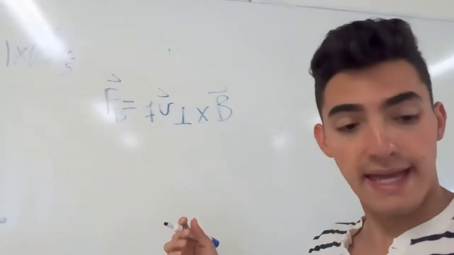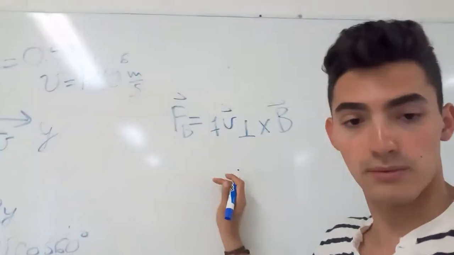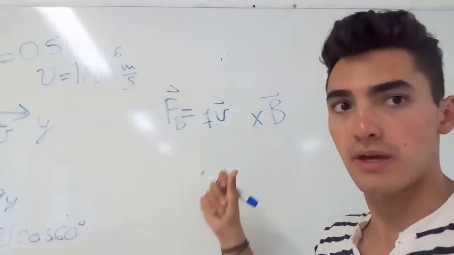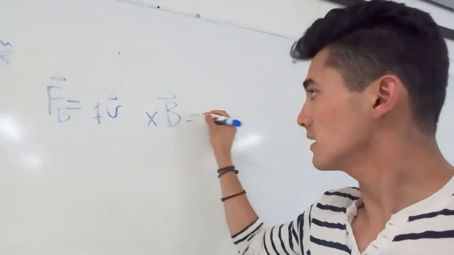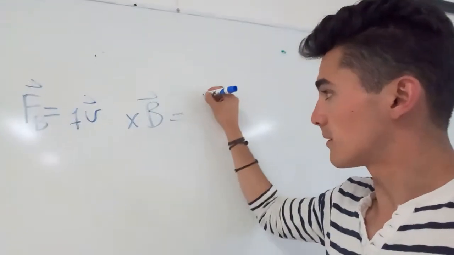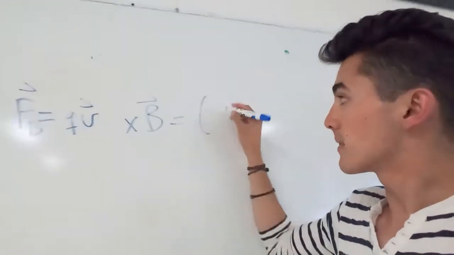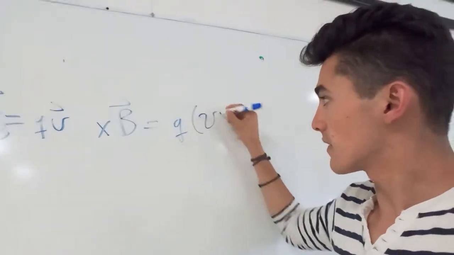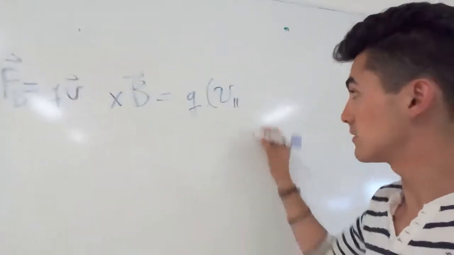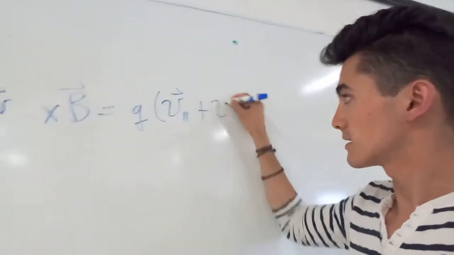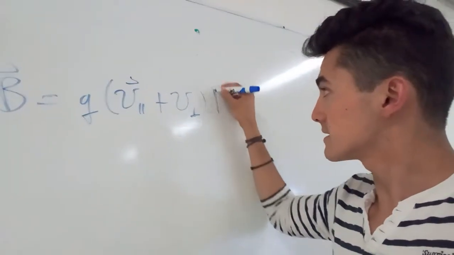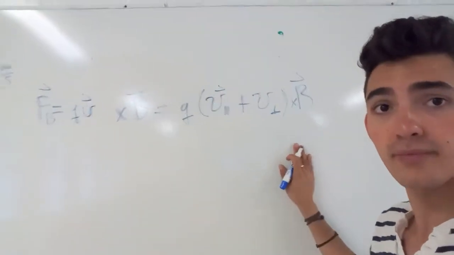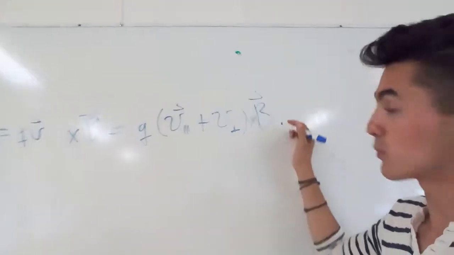This is not only the perpendicular, it is for both. So here we have the charge times the parallel velocity plus the perpendicular velocity, cross product the magnetic field.